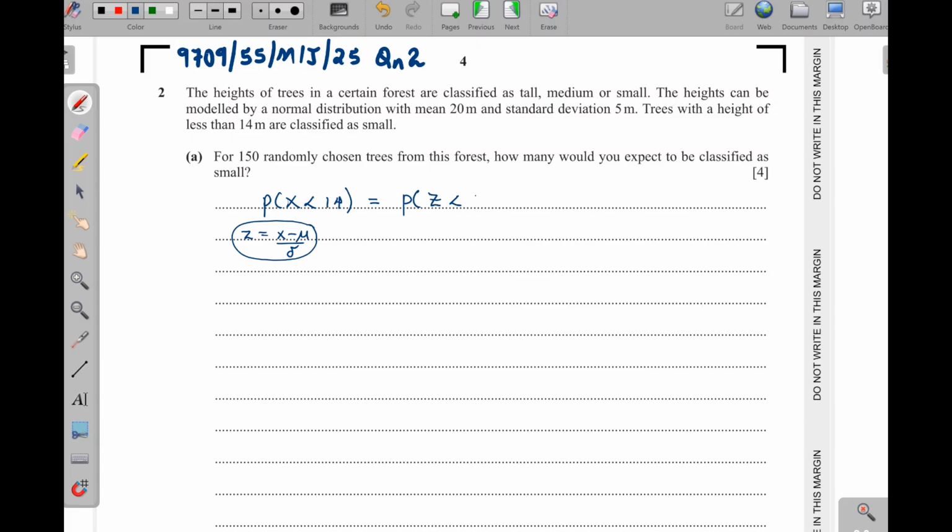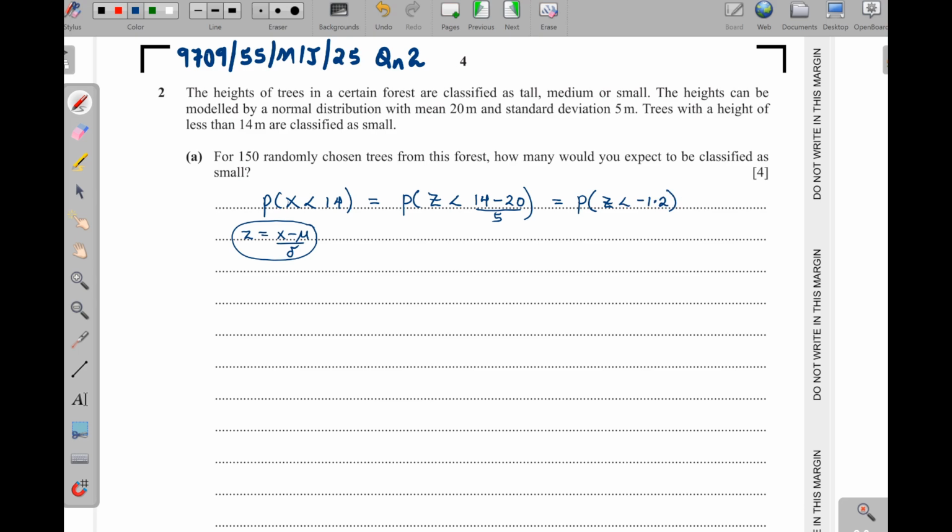So we shall have our x here, which is 14, then minus the mean, which is given as 20, standard deviation is given as what? 5. And this one is going to be probability of z less than negative 1.2.